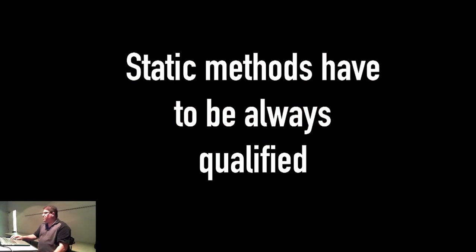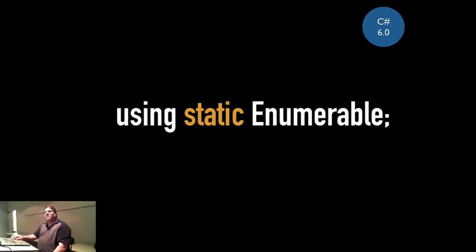You have to put the class, so we have to do this: Enumerable.Empty<T>. Now we have a static way of including classes. I just wrote Enumerable here, but you put System.Linq.Enumerable, and that brings all the static methods of the class into scope. So you can do just Empty<T>.